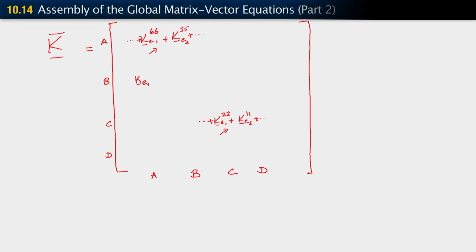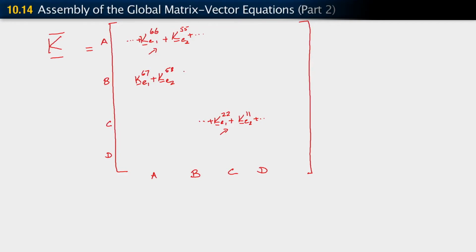What do you think? Which particular block is going to contribute here? It would be the 6, 7. And from E2, it would be, right, 5, 8. And so on.